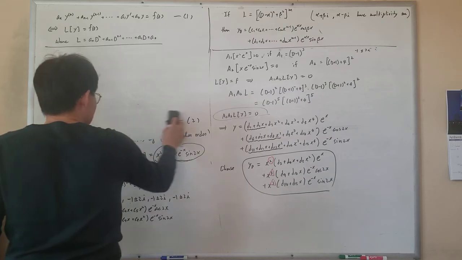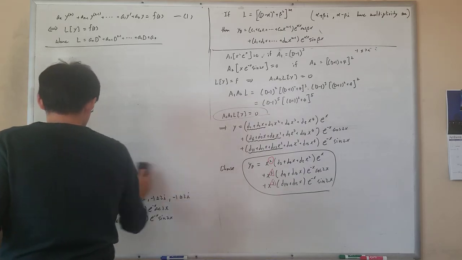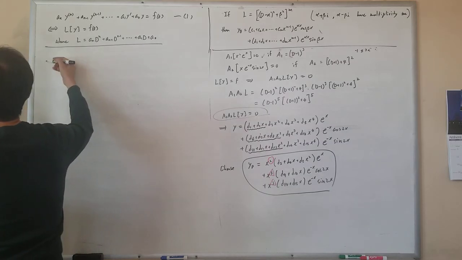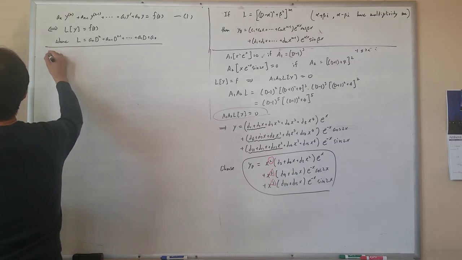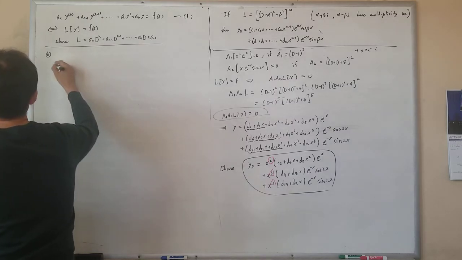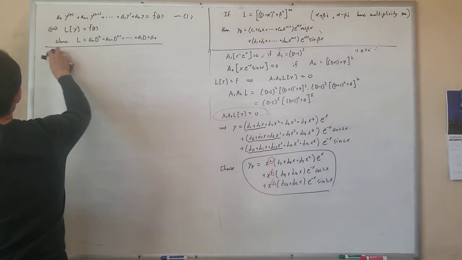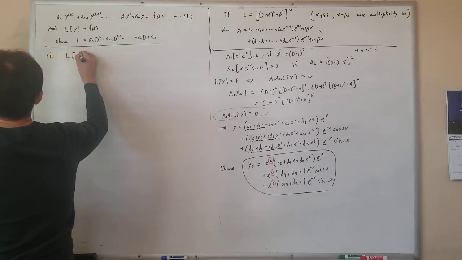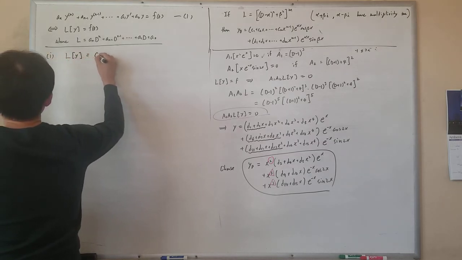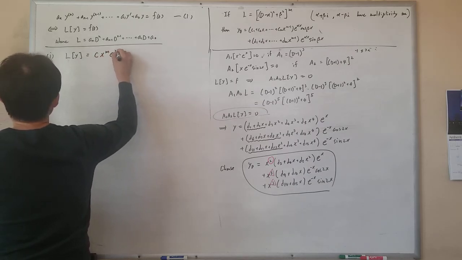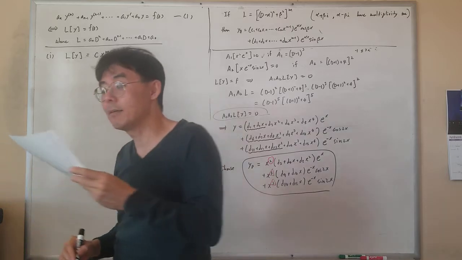The final summary from these examples is the method of undetermined coefficients. If L of y has some constant c times x to the m e to the rx, all right?